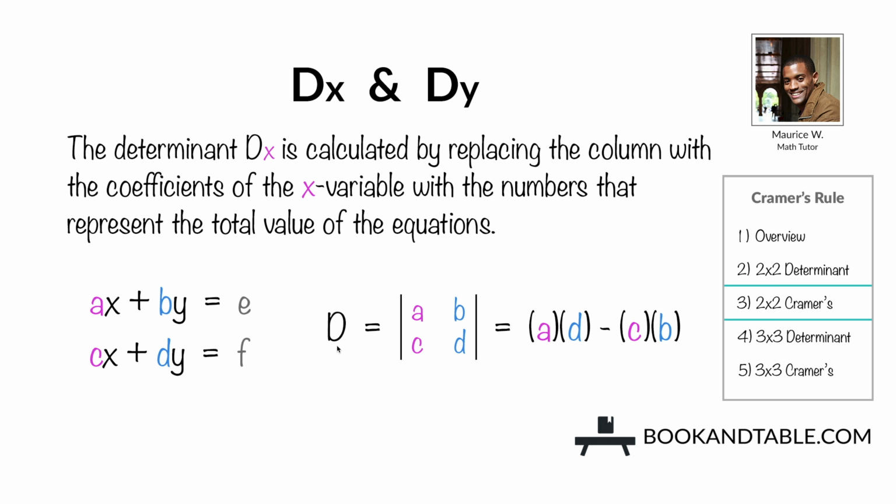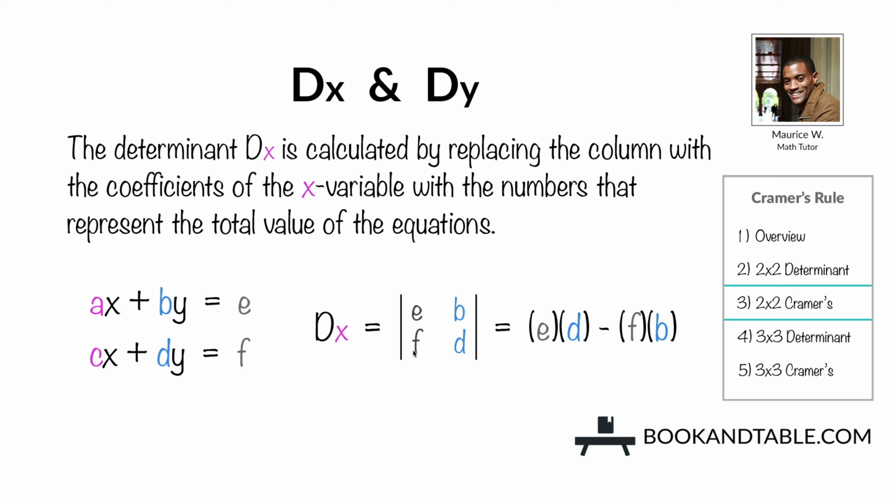But for the determinant Dx, what we want to do is replace a and c with the total value of each respective equation. So since we're replacing a, we want to replace it with the total value of the same equation, which would be e. So we have e in the first row, first column, instead of a. And we replace c, the coefficient of x, with the total value of the equation, which would be f.